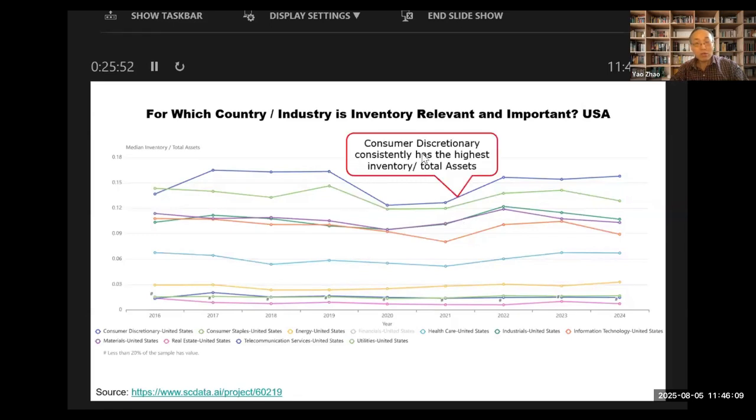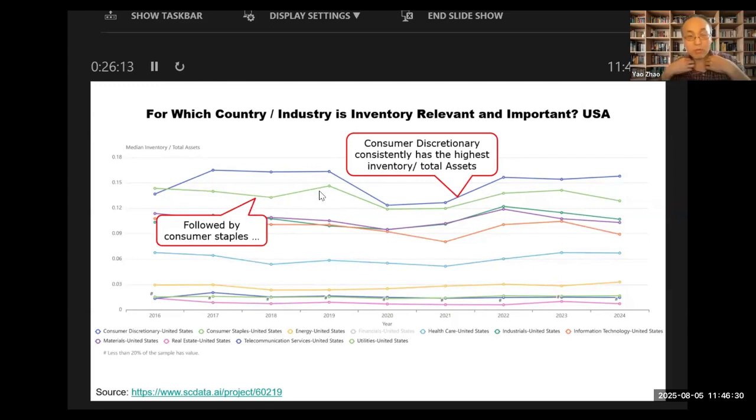It turns out consumer discretionary for the United States constantly has the highest inventory over total assets ratio, more than about 15%. Now it went down a little bit during the pandemic, but it went back after the pandemic. And it's followed by consumer staples.